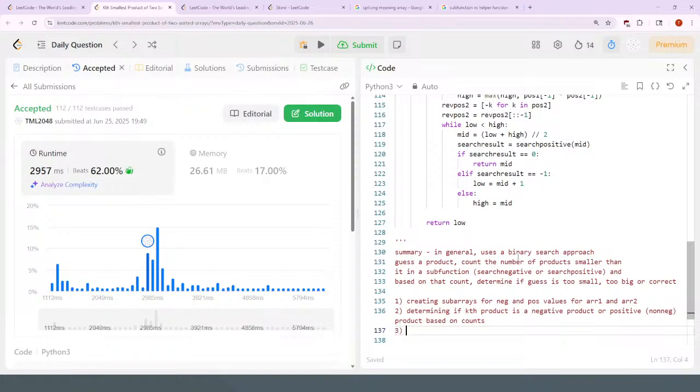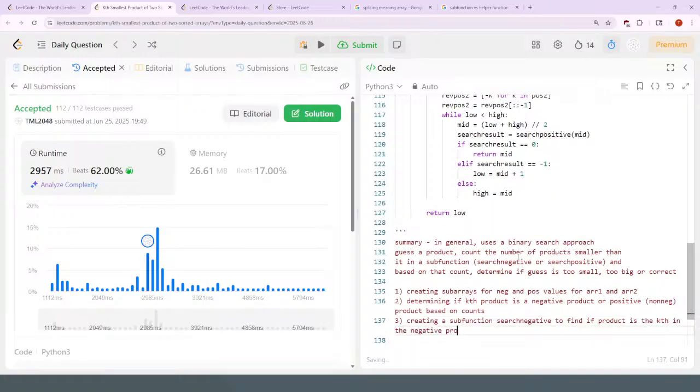And then creating a subfunction, search negative, to find if the product is the kth in the negative product space, multiplying the negative 1s times the positive 2s, or the negative 2s times the positive 1s.